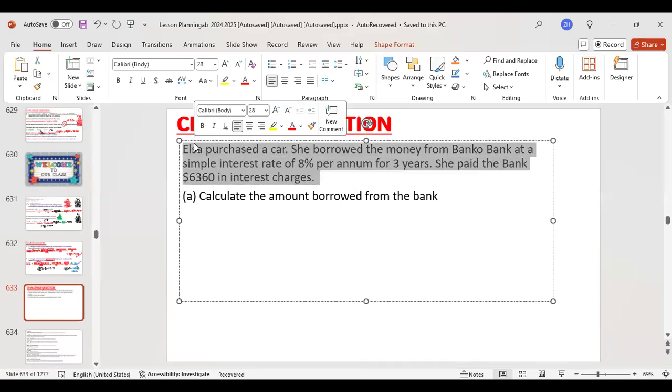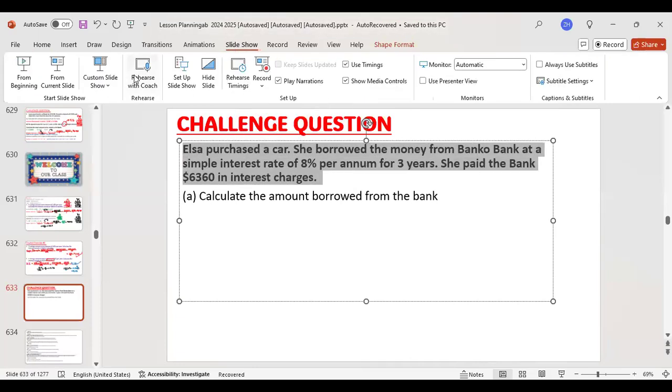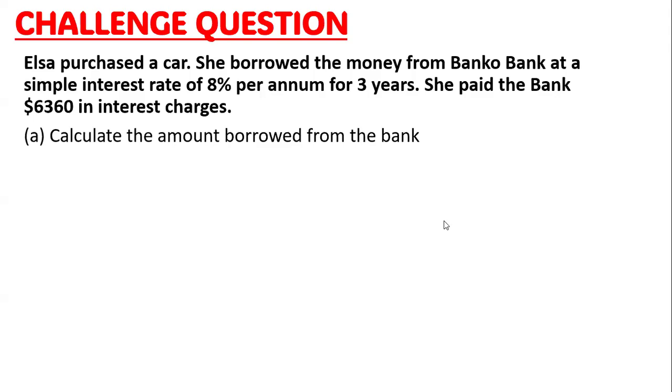All right, Ajani, are you there? Yes, sir. Go ahead and read this question for me. Elsa purchased a car at a simple interest rate of 8% per annum for 3 years. She paid $6,360 in interest charges.